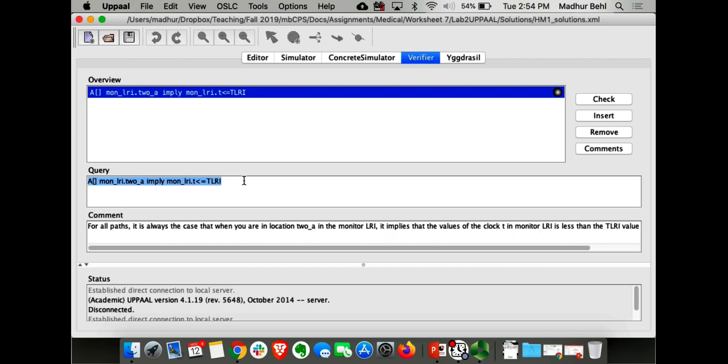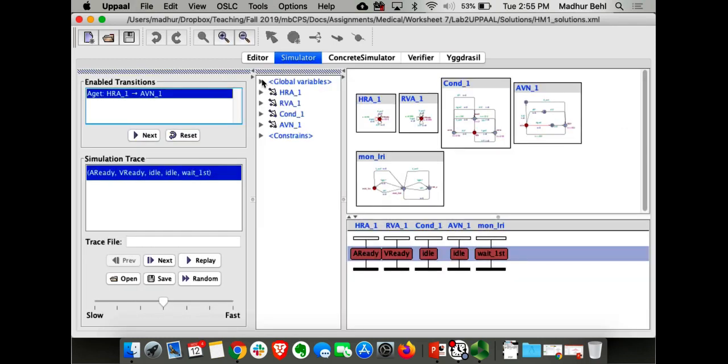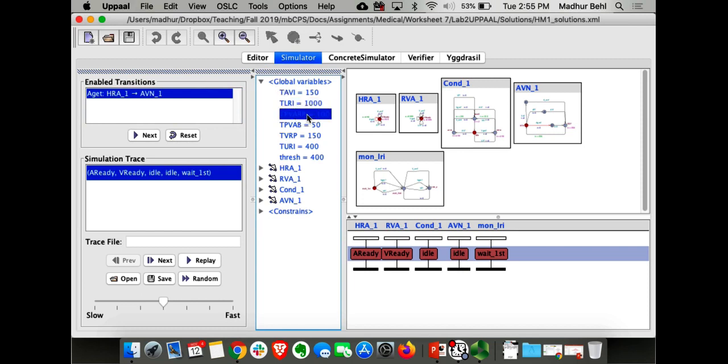For all paths in this complete model with 4 heart nodes and 1 monitor, it is always the case, because of these square brackets, that if you are in the location 2A in the monitor, which we just discussed, it will imply that the value of the clock in the monitor is less than some TLRI value. So first of all, where is this TLRI value defined? If you go back to your simulator and look at global variables, we have defined a timer right here. TLRI is equal to 1000 milliseconds or 1 second.